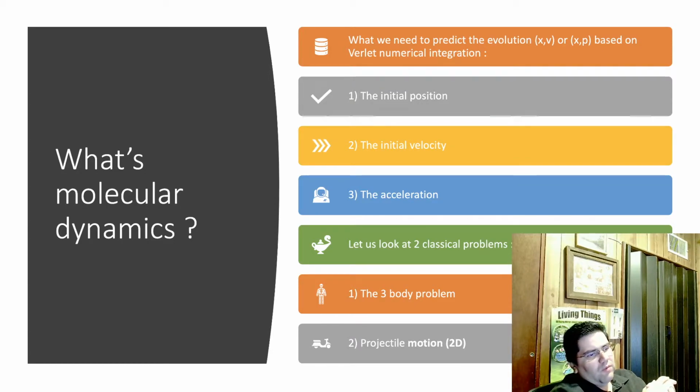Okay, but if you want to find the momentum, you only have to multiply the velocity times the mass. Okay, and then you had to use your Verlet numerical integration, the one that was referred to in the previous slide. And then the first thing that we have to do, number one, you have to have the initial position, you have to have the initial velocity, you need to have acceleration, okay? And with that, you can do molecular dynamics, okay?